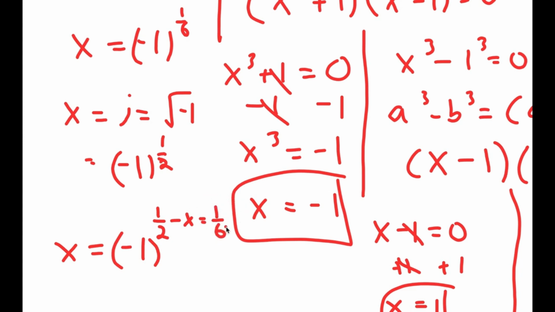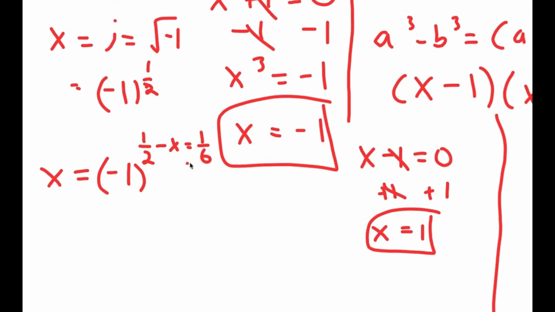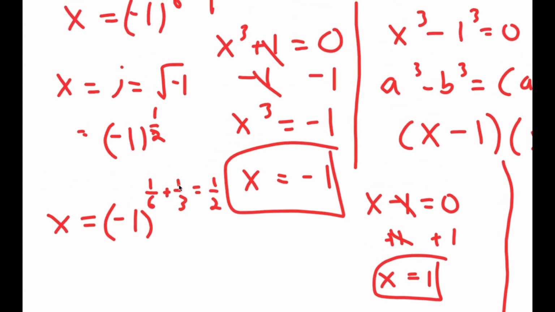So now 1/2 minus 1 over 6 is equal to 1 over 3. So 1 over 6 plus 1 over 3 is equal to 1/2. We know this.